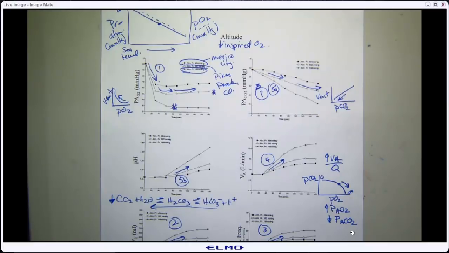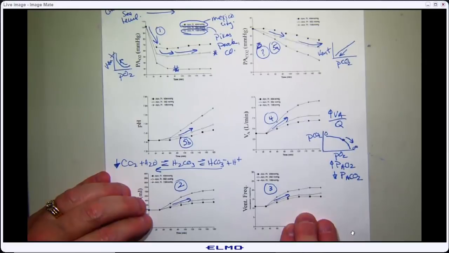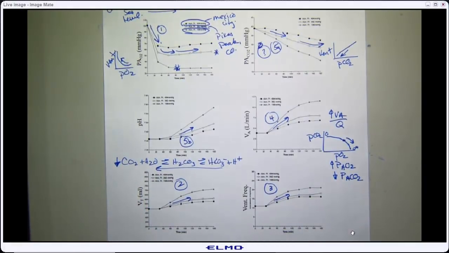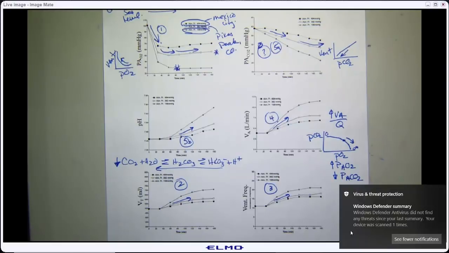You just get input from both, and the end result is a frequency and a tidal volume that's going to fix neither, but it's going to stabilize you. So you go up to Pikes Peak and you sit there, you will not die. You're not going to feel good, but you're not going to die. All right, so ventilation helped stabilize you. It helped minimize the disturbance until something else came along to fix this problem.